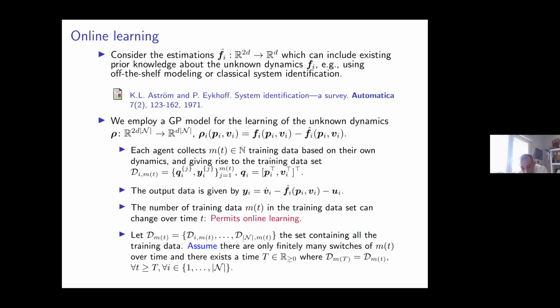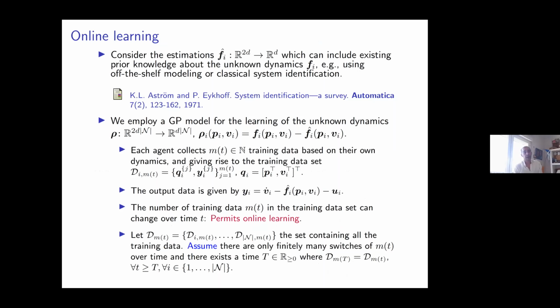So this is why the learning is online. Basically, we can collect new information, including it into the system, since the training data depends on time. So we can at different times collect data and improve the model of the system.